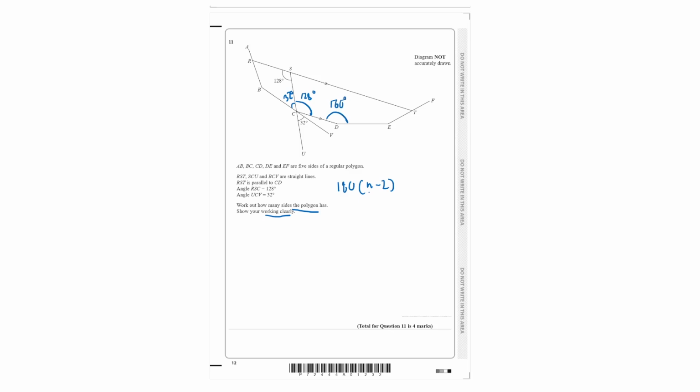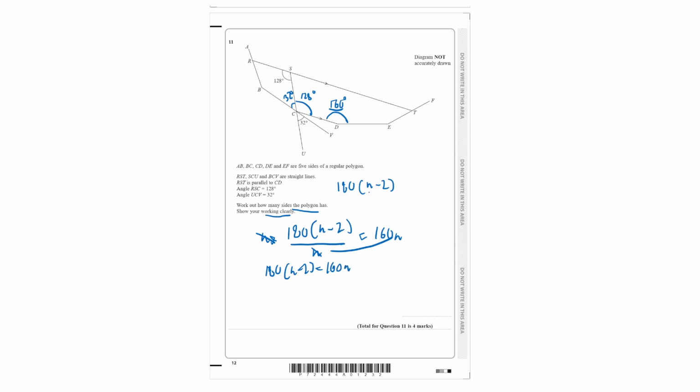So we know that one of the angles is 160, but we have to divide by the number of sides. So our expression is 180 times (n minus 2) divided by the number of sides. Since we want to find only one interior angle, dividing by n gives a single interior angle, which is 160. We can then multiply both sides by n. 180 times (n minus 2) is equal to 160n.